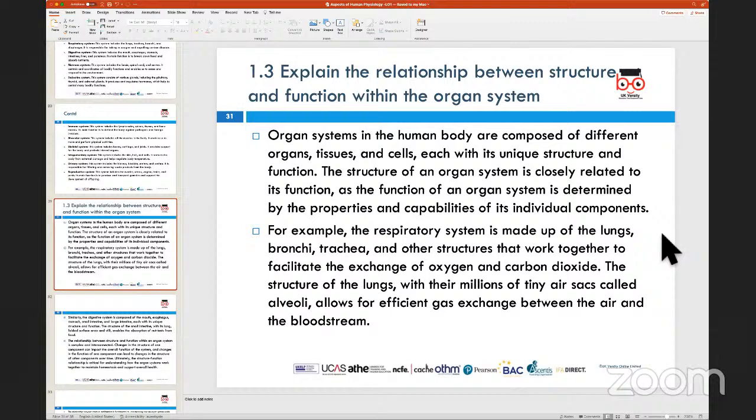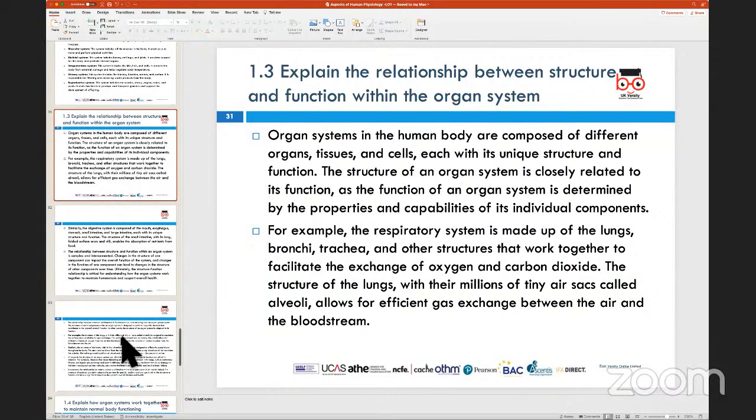These are going to be examples when you pick any particular system to talk about the relationship between the organs and the organ systems in relation to the human body, and how they would be working together to help the body perform a particular function.